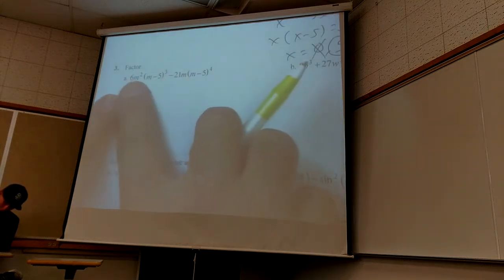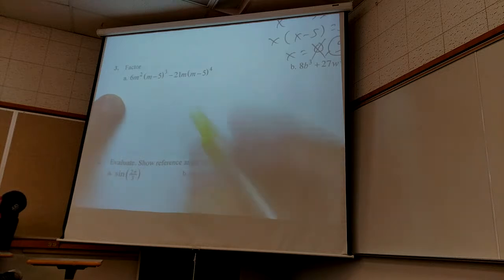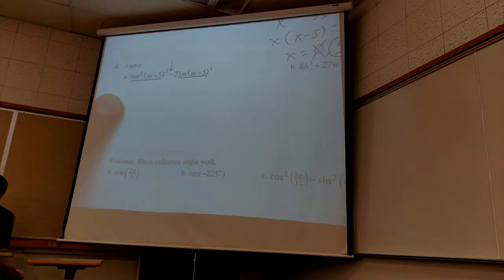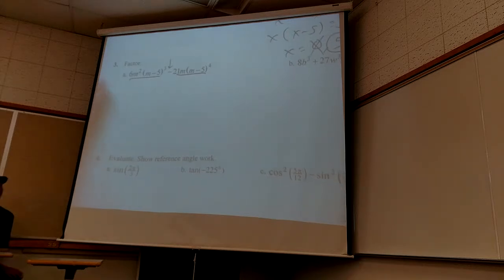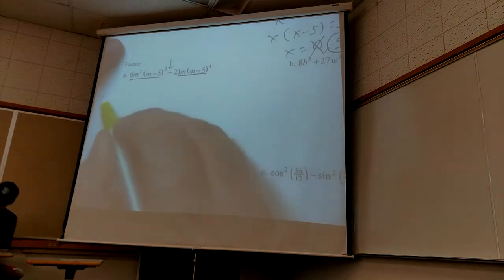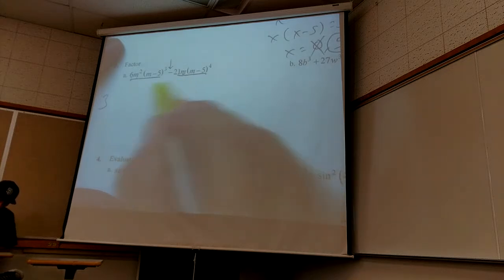How many terms are there here? 2. 1, 2. Separated by a minus sign, there's 2 terms. I like it. What number comes out of both? 3. How many m's come out of both? 1.